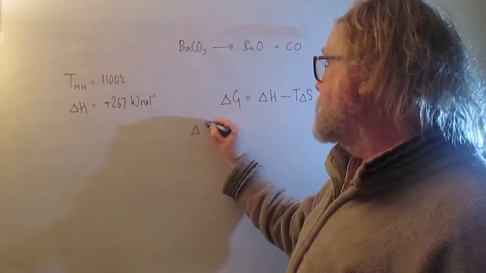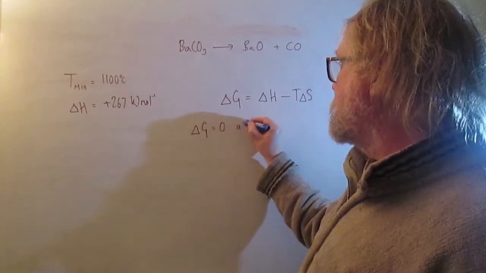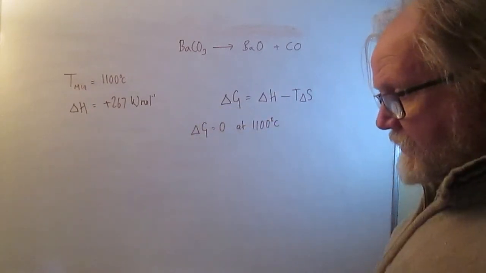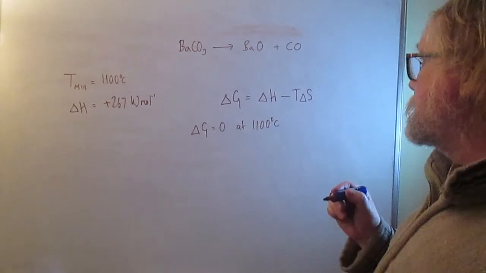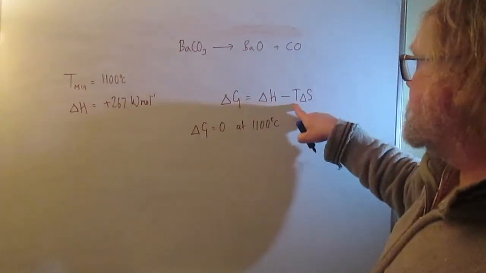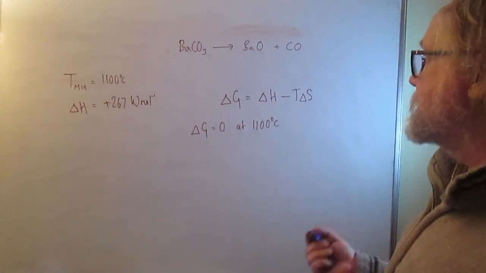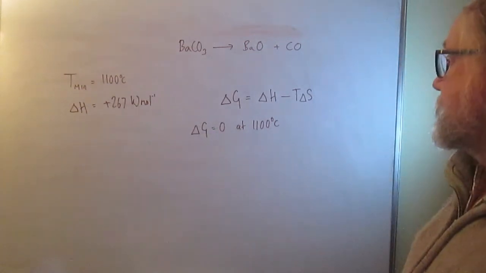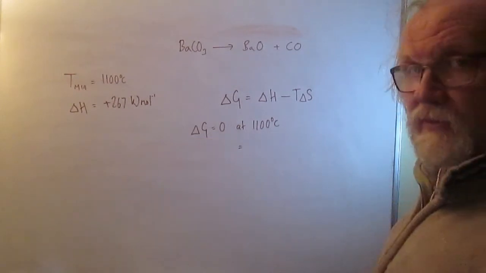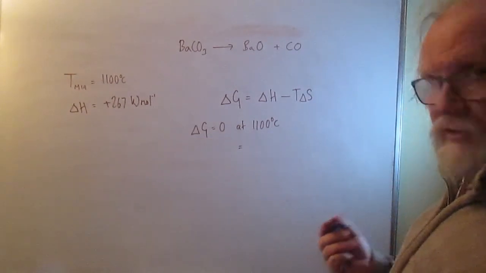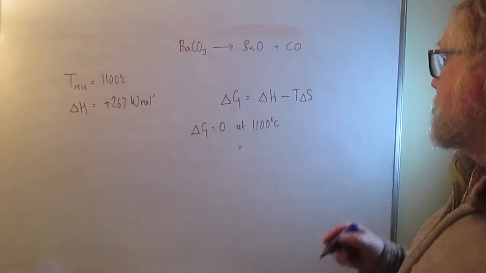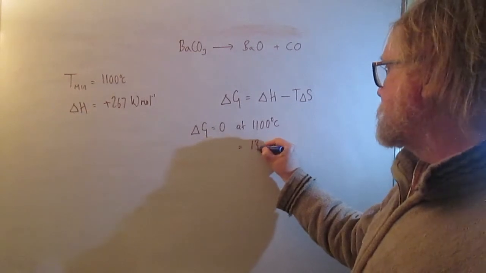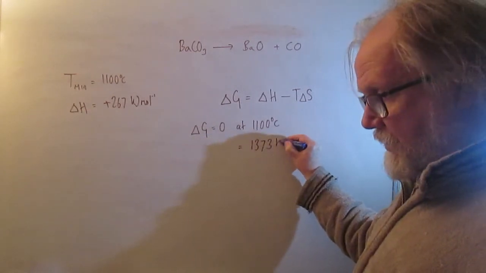So we can say then that delta G is equal to 0 at 1100 degrees C, and we know that that T in the expression is the absolute temperature. So we need to change degrees C into Kelvin, which means we just add 273. Remember, 0 degrees C is 273 Kelvin, so to convert from degrees C to Kelvin we add 273, so that's equal to 1373 Kelvin.